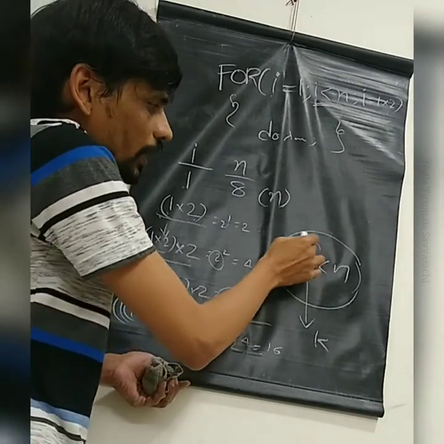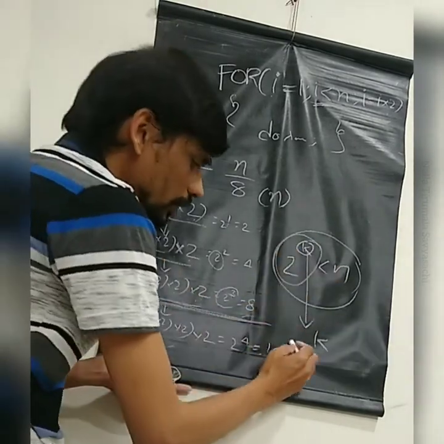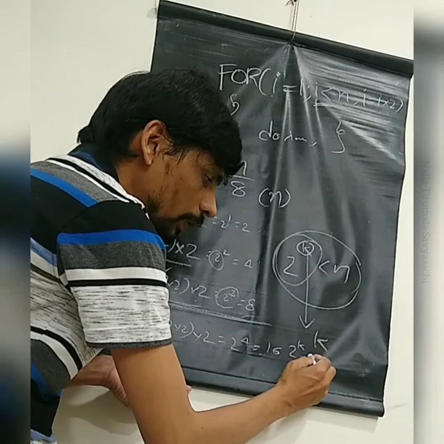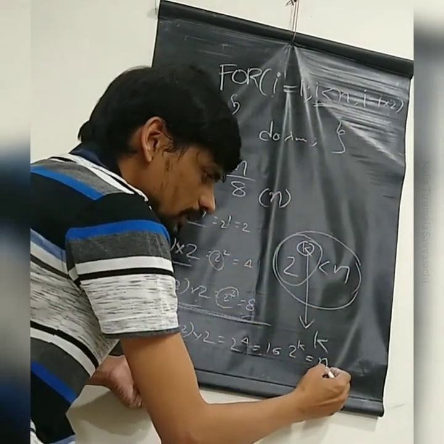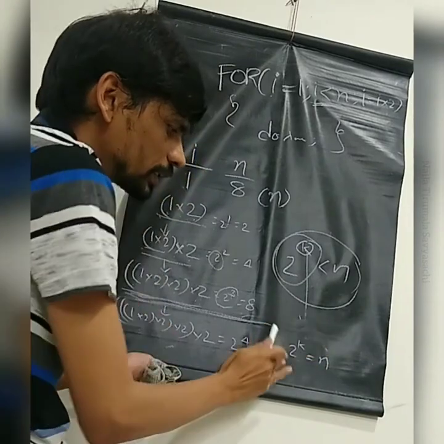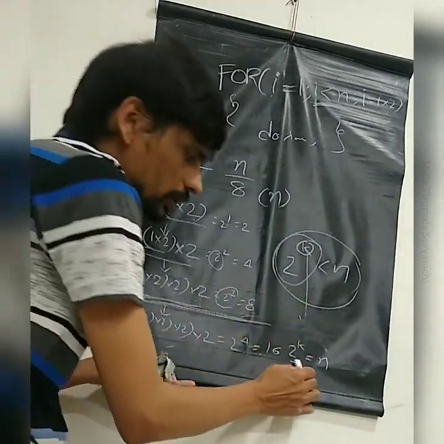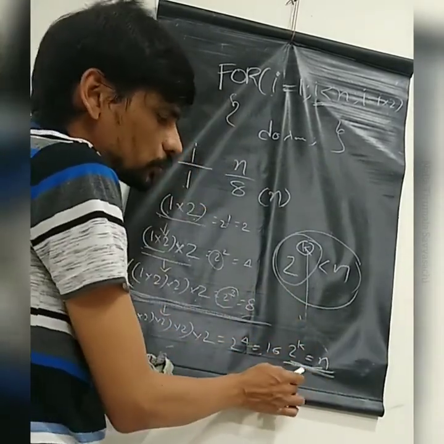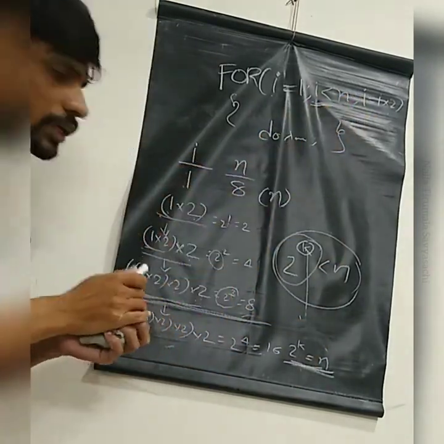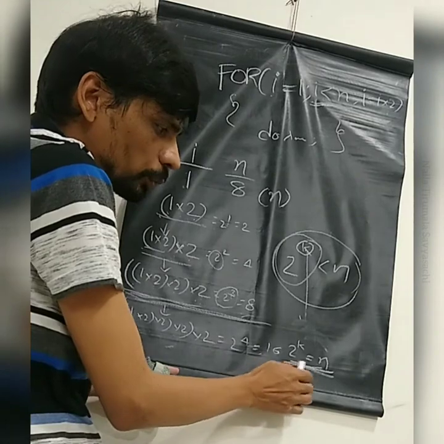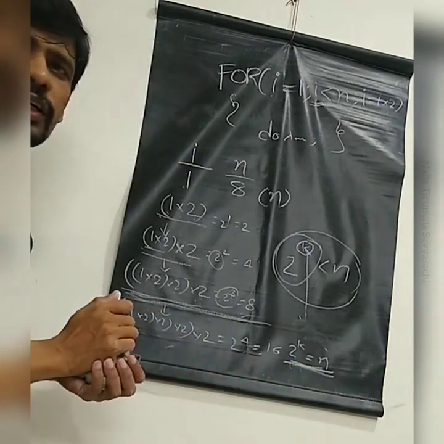So when 2 power k comes, my condition will break. So now what I got: 2 power k equals n, right?